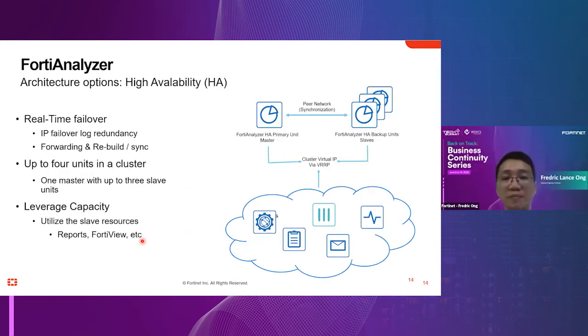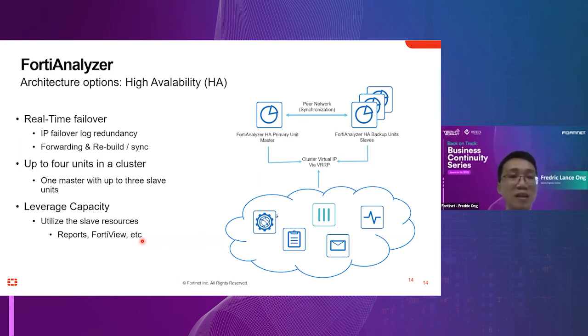And then in terms of high availability, we support real-time failover and log redundancy. We can do rebuilding of the FortiAnalyzer database. You can also synchronize the FortiAnalyzer HA units, so they will act as one cluster, up to 4 of them: 1 master and 3 slave units.